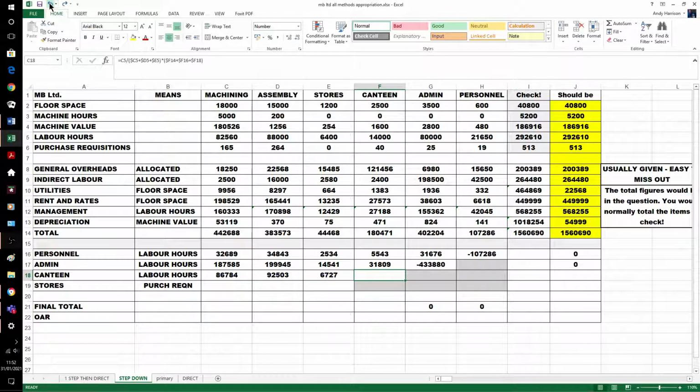Okay, let's just start again. What have I done wrong? Oh, I've got F18 there, not 17. There we are. Because the F18 was in this formula, that's better.